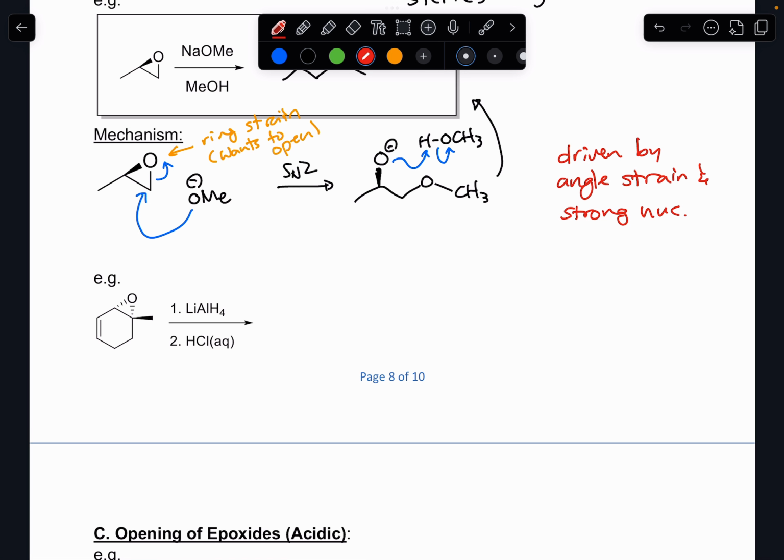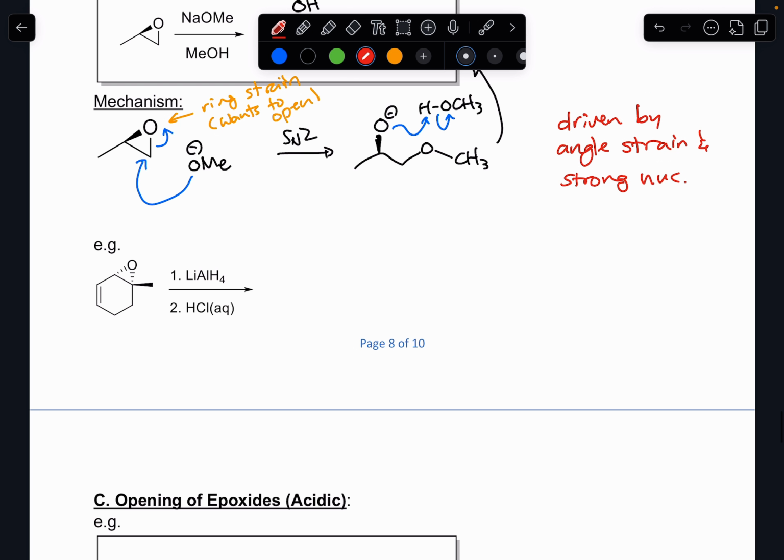Okay. Here's another example that I want you to think about, and this one I might actually go over with you right here. The lithium aluminum hydride, remember, that's a good nucleophilic hydride source, and that's what it does.